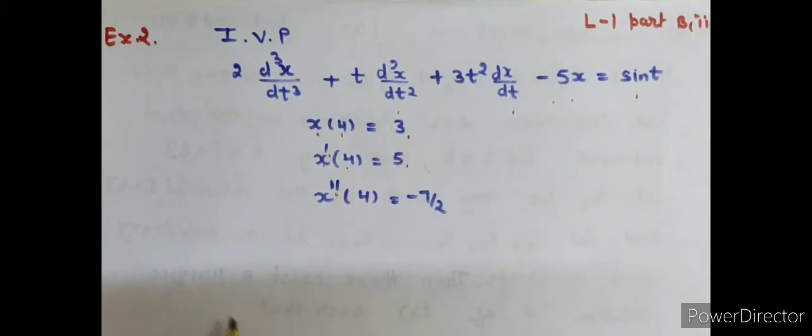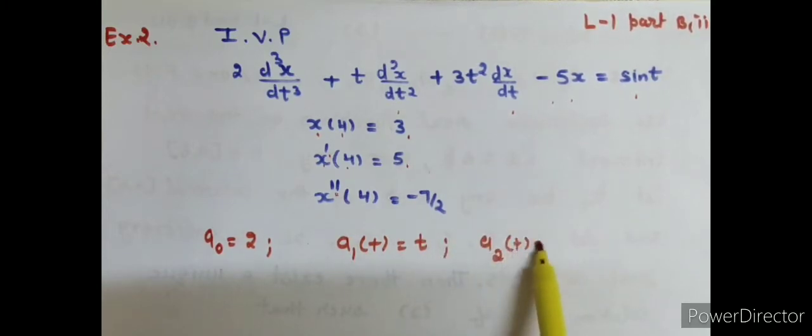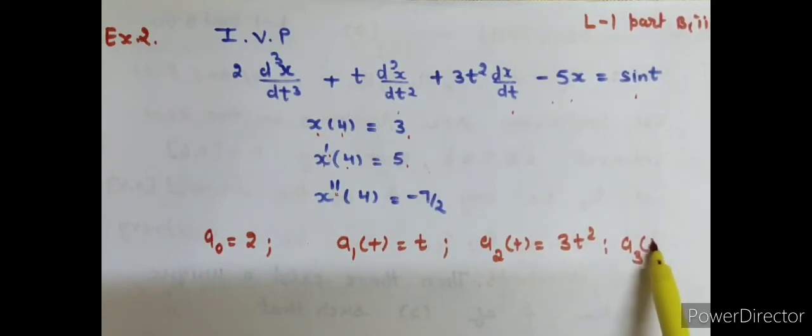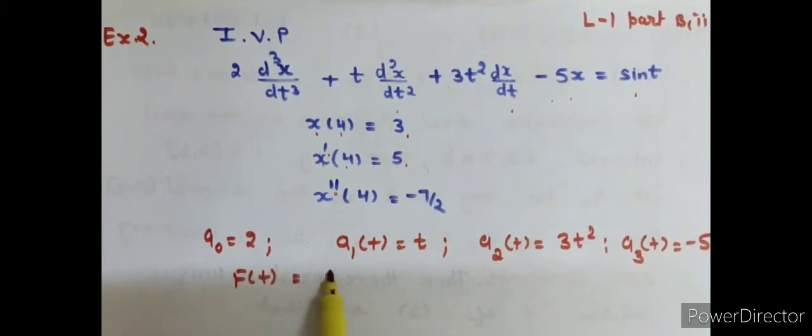Now if I compare it with my standard equation 2, a naught is equal to 2 here, this is constant, and the value of a1 is t, a2 is 3t square, and a3 is minus 5 here, and the non-homogeneous term, that is my right hand side, is equal to sine of t.